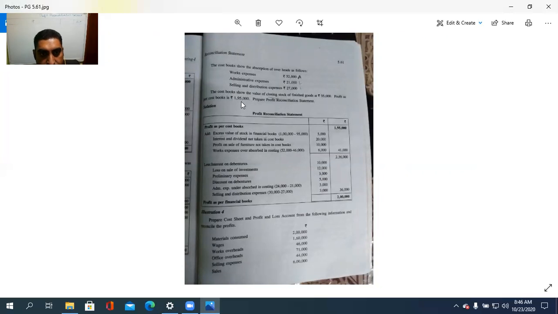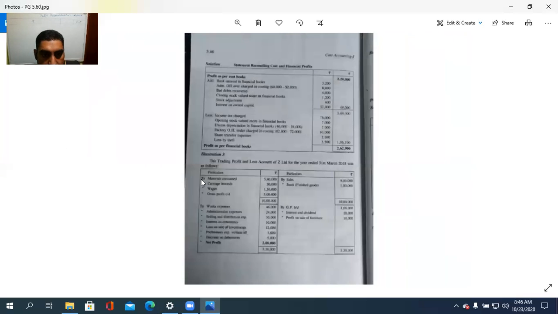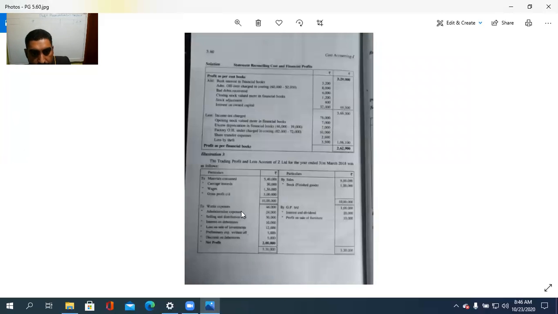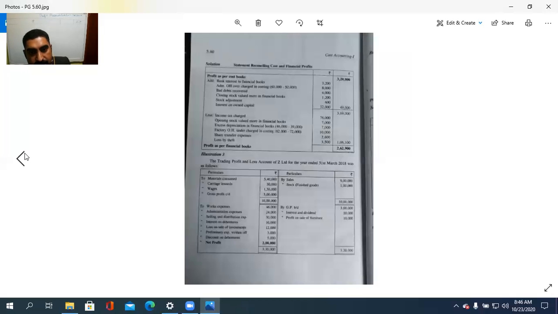Here, 1,95,000 in cost books, and work expenses 52,000. So how much is work expenses here? It is 46,000 against 52,000. So 6,000 is more. Then next is administration expenses, 21,000, but here it is 24,000. Then selling and distribution expenses 27,000, but here it is 30,000.